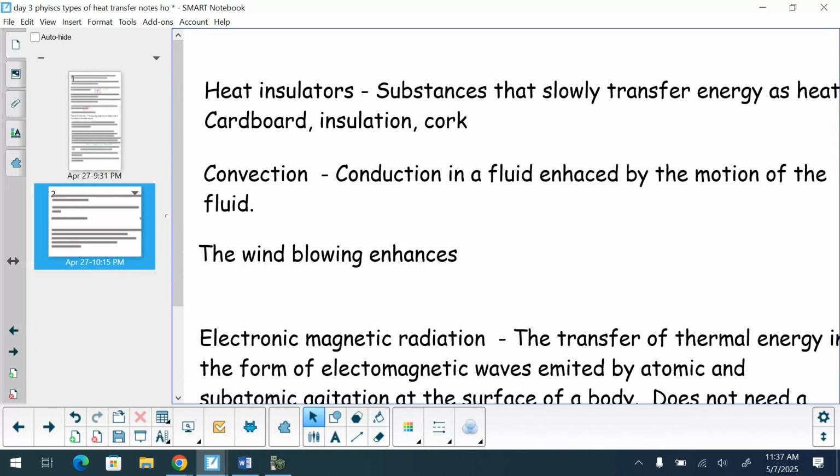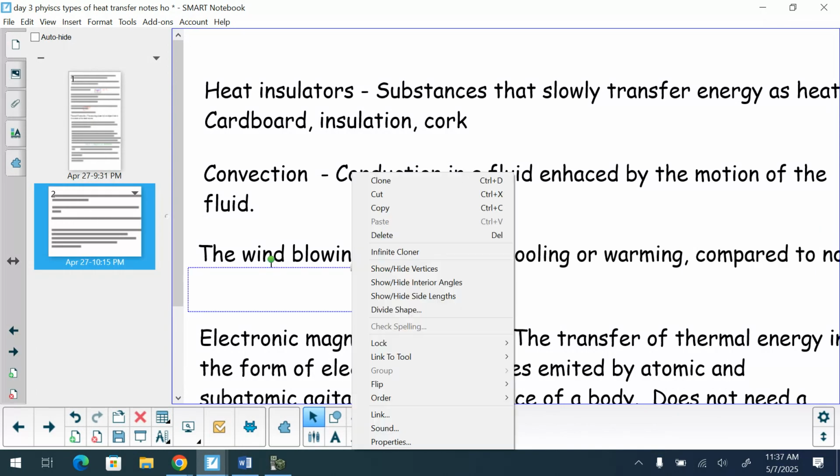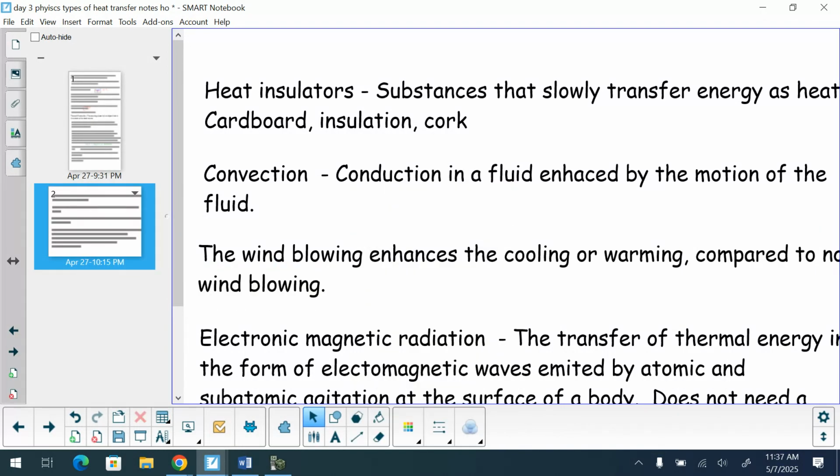If it's not as windy, it won't warm as quick. The wind blowing enhances the cooling and warming compared to the wind not blowing. So if you have wind that is blowing, it's going to make things go a little bit quicker.